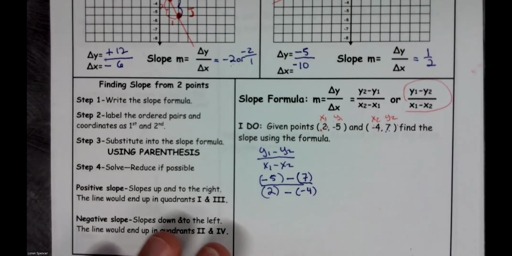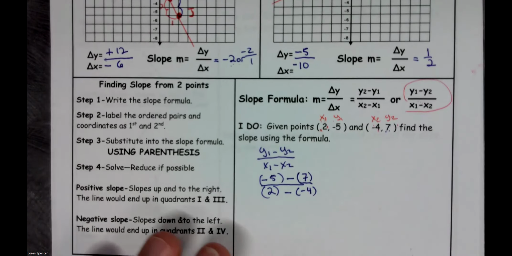It says, given the points (-4, -3) and (2, -1), find the slope using the formula. So once again, I'm going to label these x1, y1, x2, y2. I'm going to use this formula right here. So I have y1 minus y2 over x1 minus x2.